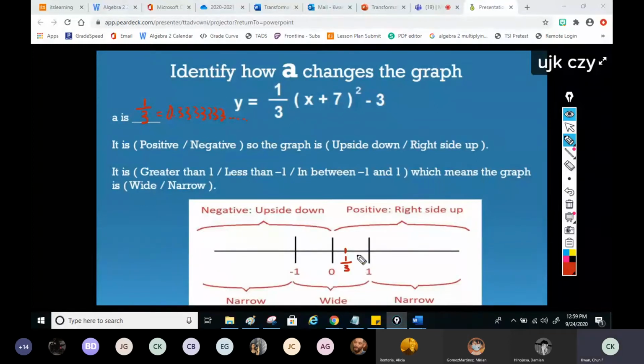So once again, this number tells me two things. The first thing is that it is positive, so the graph is right side up. That means when you graph it, your graph will look like a letter U. This is right side up.